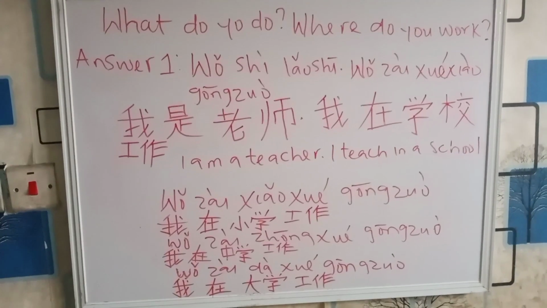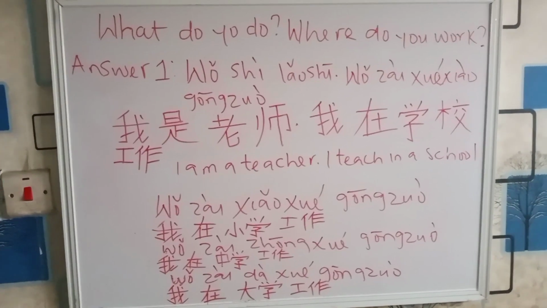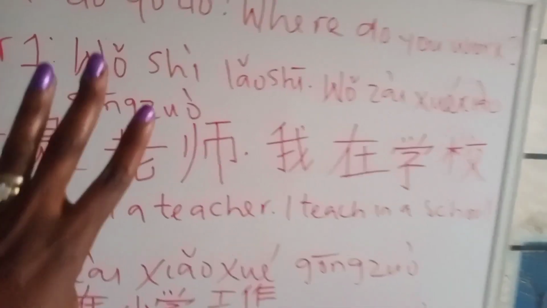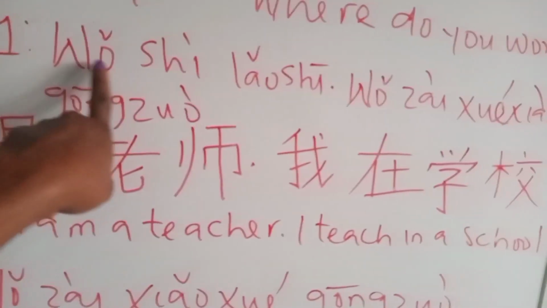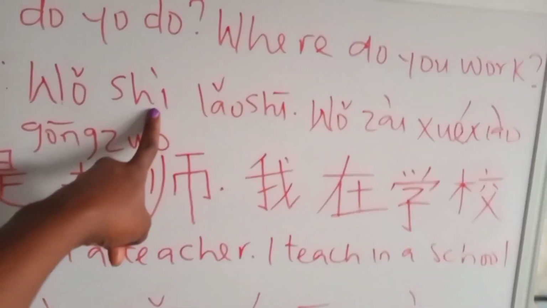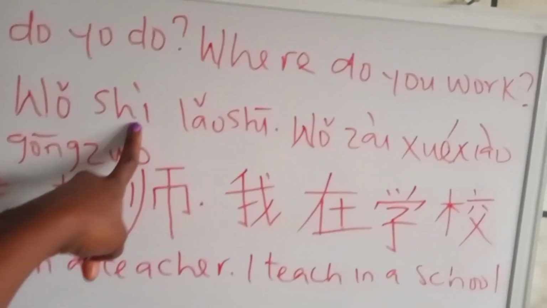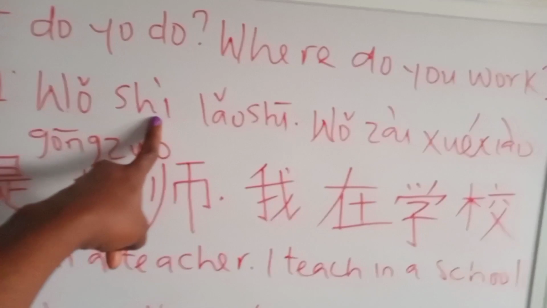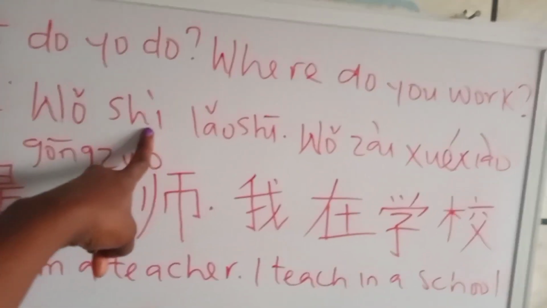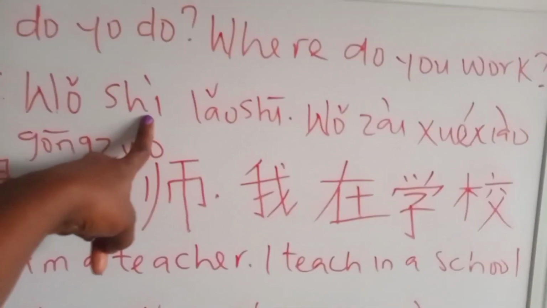I wanted this to fit into the board. I hope it is legible. This is I am a teacher. I teach in a school. 我 is I. 是 is to be. You remember? 是 is am. 是 is are. So if you want to say you are, it is 你是.